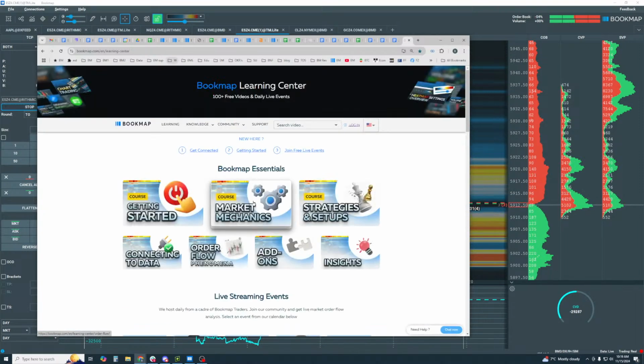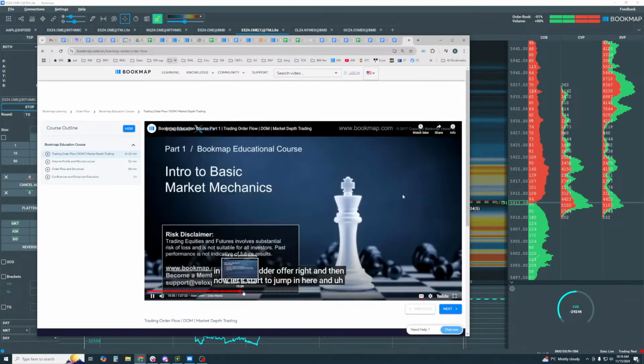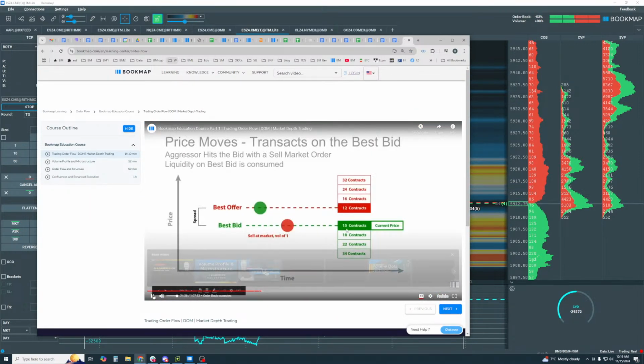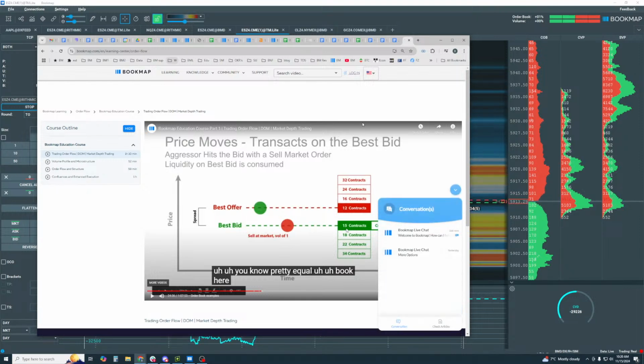Other courses, our market mechanics course, being able to understand really well, like these diagrams in here about understanding order flow at a binary level and what affects price. I highly recommend that you watch this, or even revisit it and check it out.